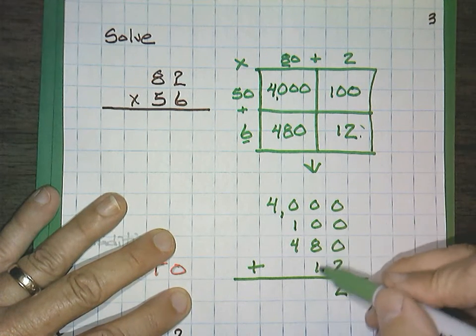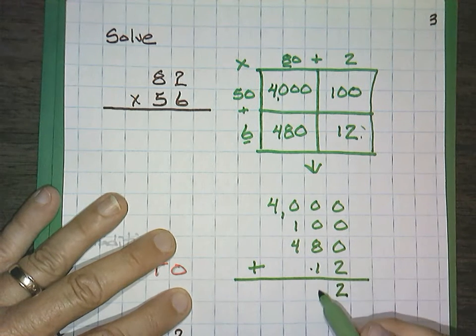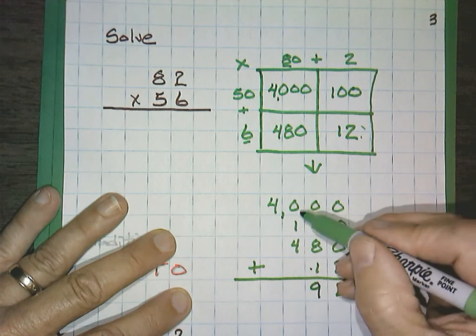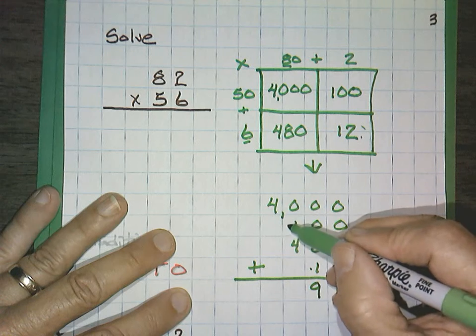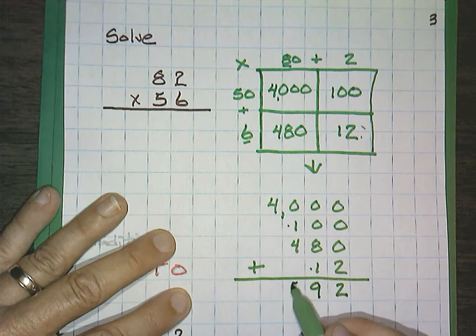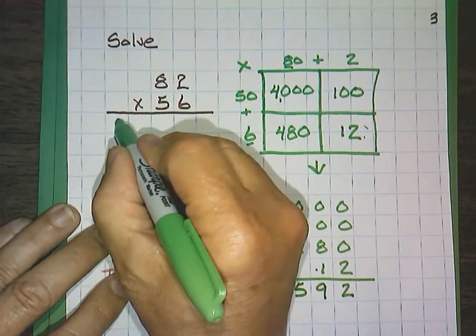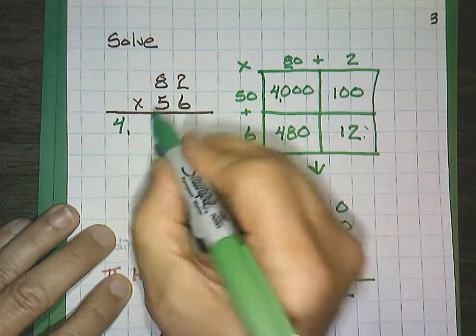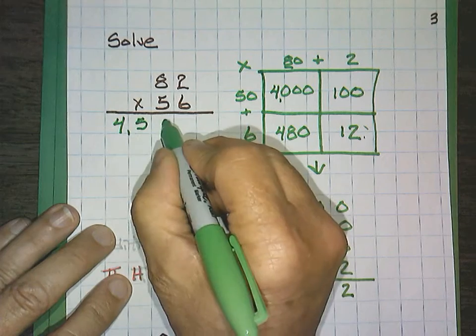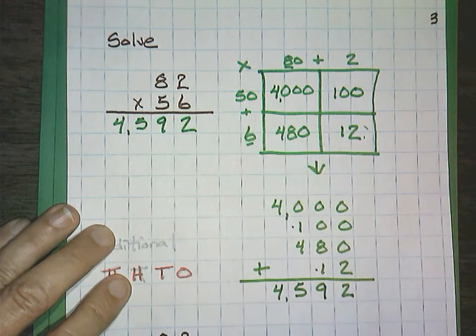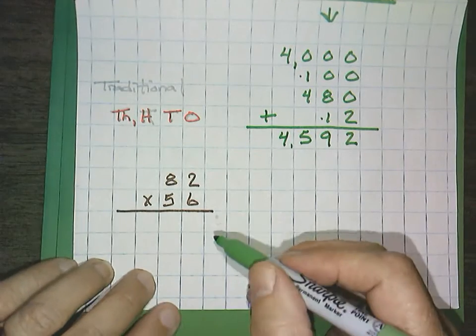In the tens, 8 plus 1 would be 9. In the hundreds, 4 plus 1 would be 5. And finally 4. So our product would be 4,592.